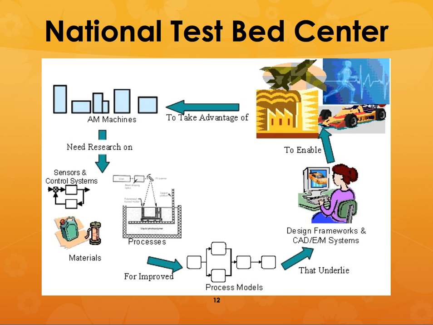And for that, you need to be able to create what are called national testbed centers. So if somebody comes up with a new technology, a new machine, they need to be able to send it to a national testbed center. There are people who would use them and tell the whole additive manufacturing community, hey, this is what this could be used for.